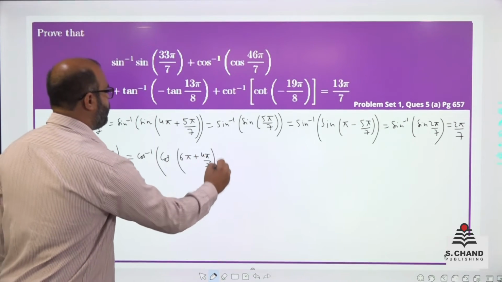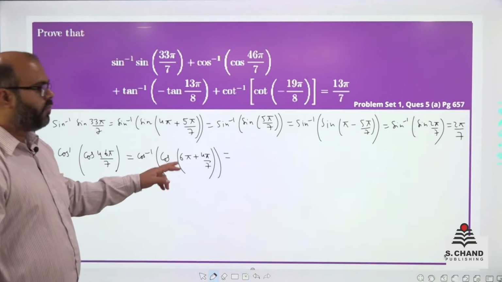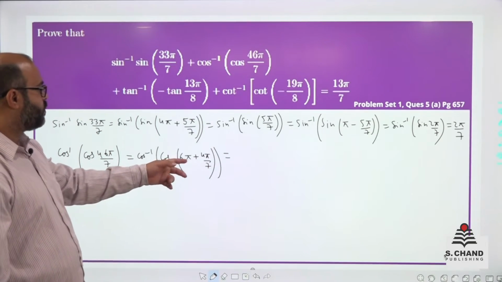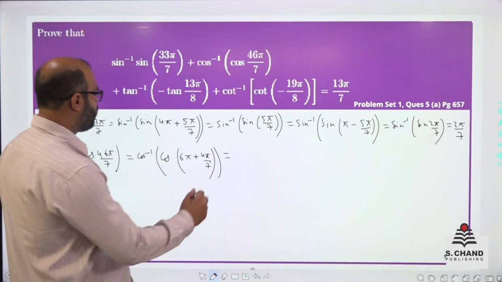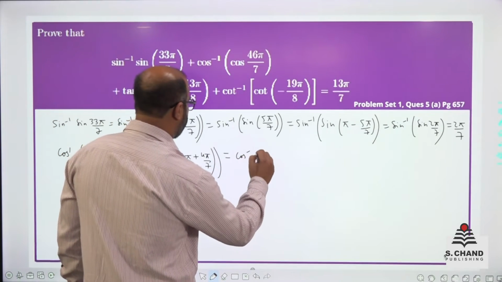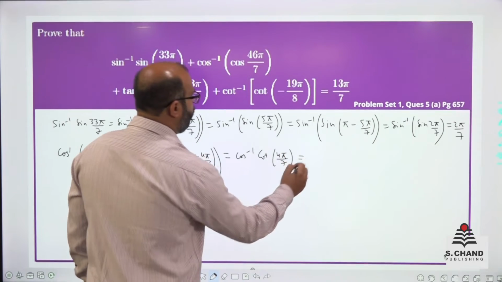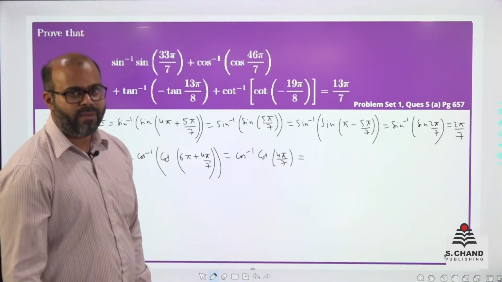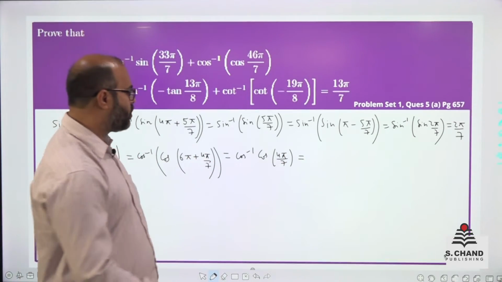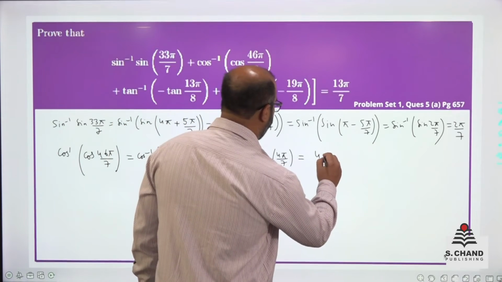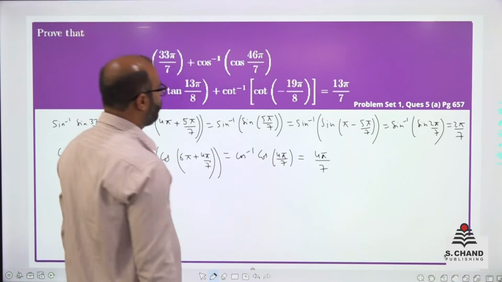Now since it is periodic with a multiple of 2 pi, 6 pi will give you the same value. So this will become cos inverse cos 4 pi by 7, and 4 pi by 7 is between 0 to pi, which is the principal value range of cos. So this will be 4 pi by 7.